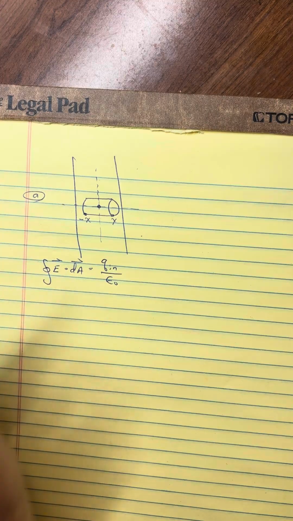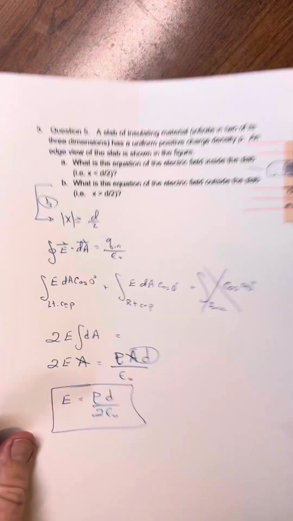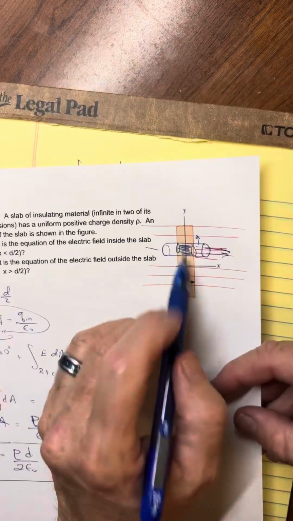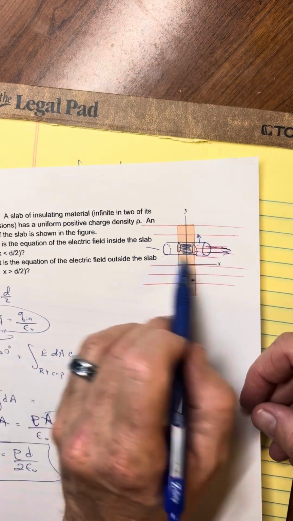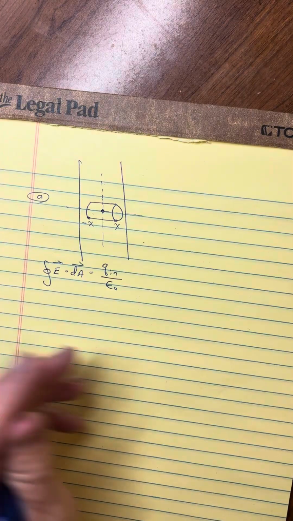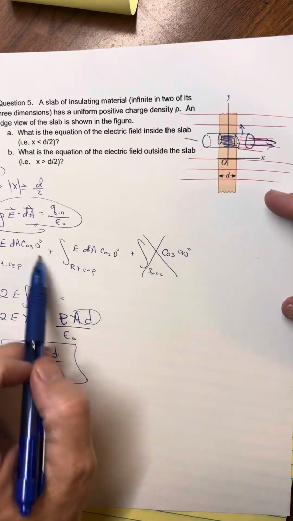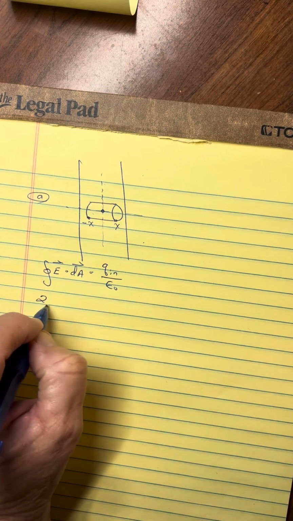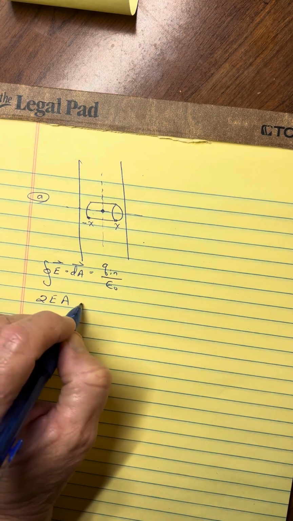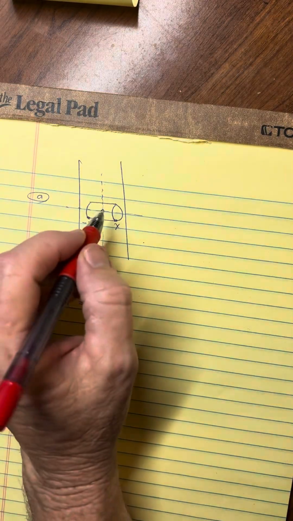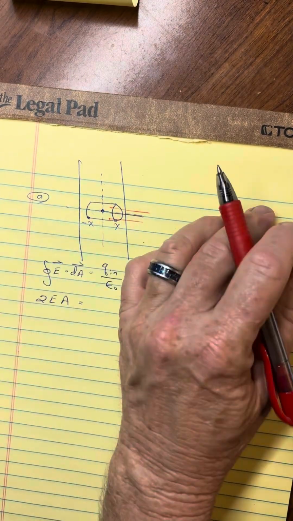but this time I'm thinking about a Gaussian surface that's inside. See, last time I had Gauss's law, but I did where the caps went to the outside. Now the caps are going to be on the inside. But all the logic that we just did here for the caps is exactly the same. So this is just going to come out to be 2 times E times A also. There's really no difference. We still have these lines of symmetry.